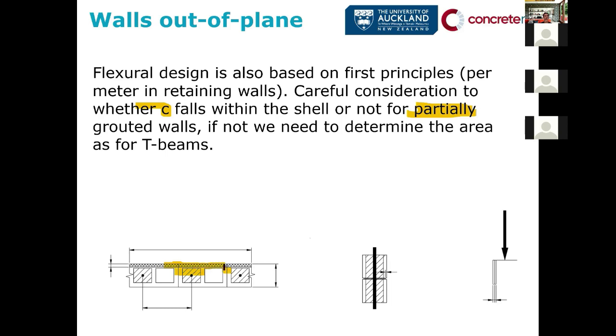We may need to do some extra calculations in there just to calculate that area. It might be better to just fully grout everything, and then we don't have that problem. So we need to be very careful in calculating where the C falls, where the compression zone falls, and take that into consideration later on.